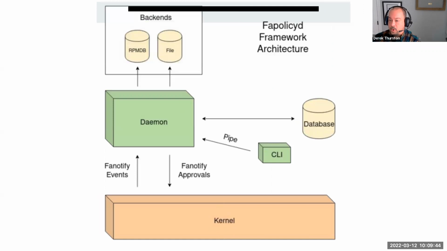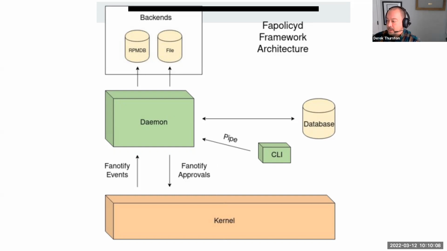And here's a little more zoomed out picture of what's happening. The back end where the fapolicyd daemon gets its information from, if you have an RPM based system, it uses the database there to verify. And then also the different files that I talked about with the trust file.